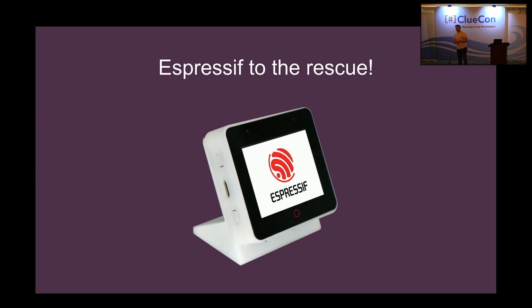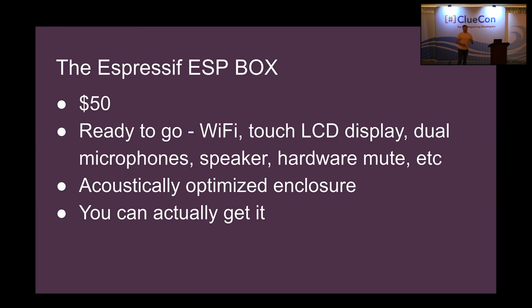So the real key enabling piece here for the Willow, the physical hardware, is the ESP32S3 chip, which is remarkably powerful. Espressif took that chip and made a very polished commercial device that you can take out of the box, and okay, now we're getting closer. So what is this thing?